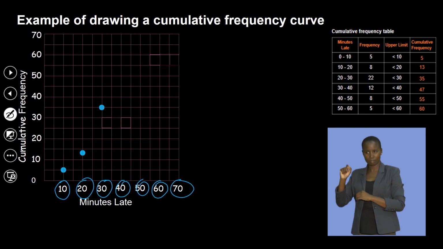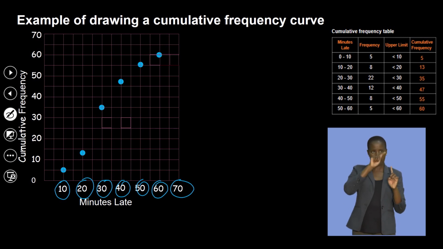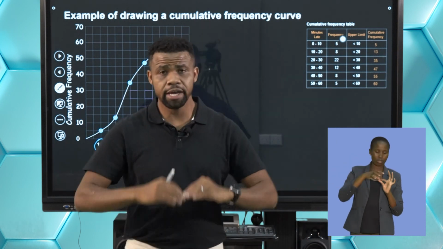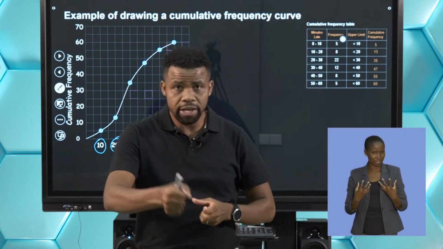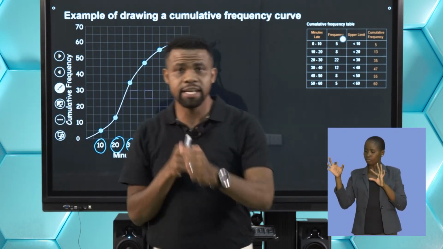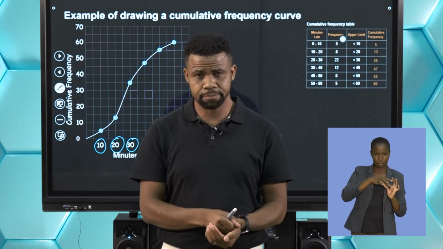Then we plot them and connect with a ruler, and we get our cumulative frequency curve. So how do we get that? We join the end point of an interval using the cumulative frequency, making that the x-axis.